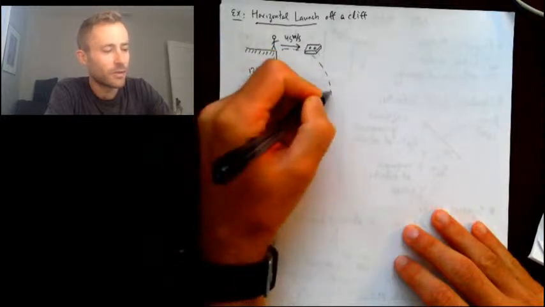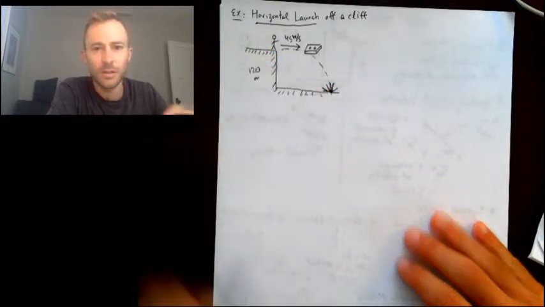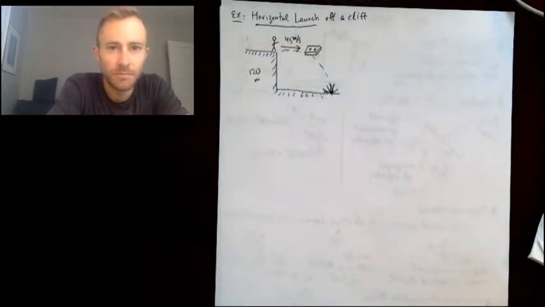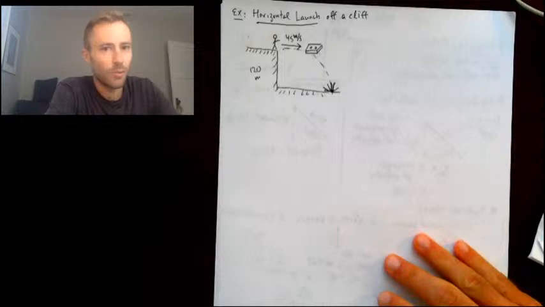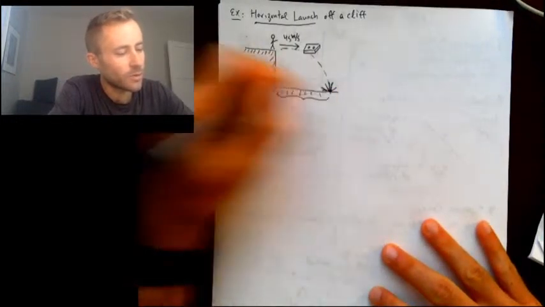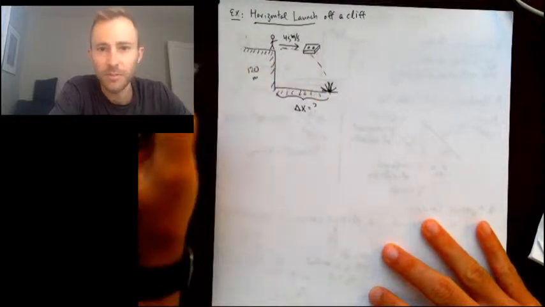It's going to hit the ground. It's going to shatter into 1,000,000 pieces. And that's going to be very satisfying to you. It's going to help you move on. And what we would like to calculate is how far horizontally does this mixtape go before hitting the ground.